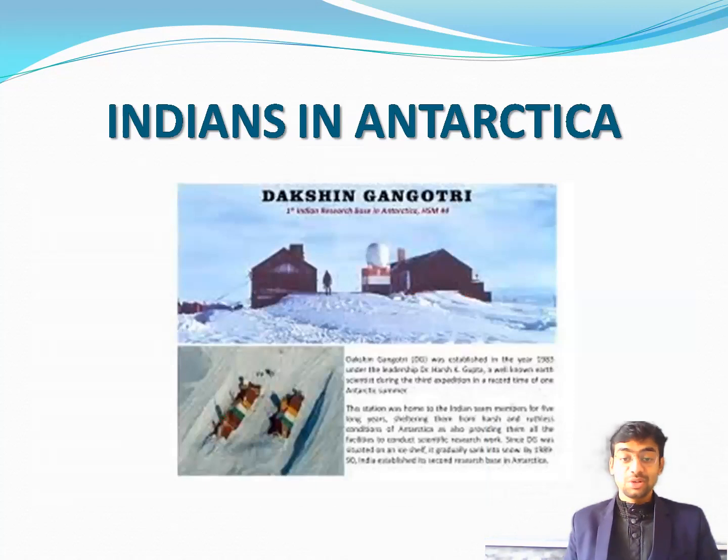This is Dakshina Gangotri. Dakshina Gangotri, set up between 1982 and 1985, was the first Indian camp in Antarctica. It was abandoned around 1990 and converted into a supply base. By then, a new permanent camp called Maitri had been built.